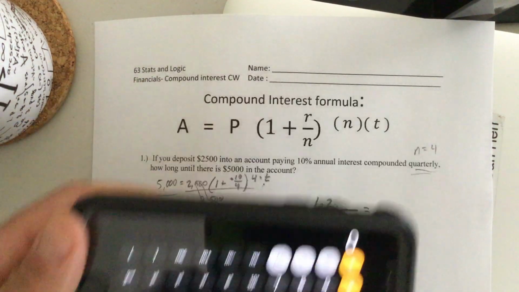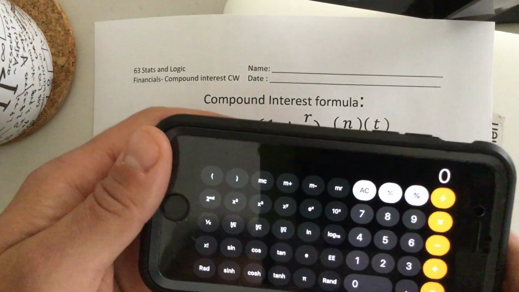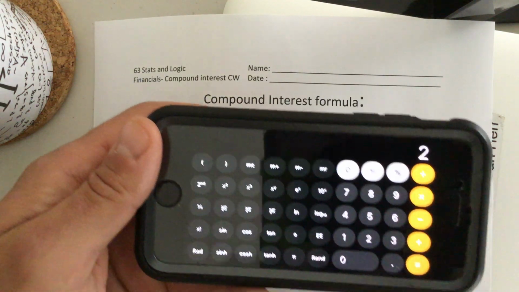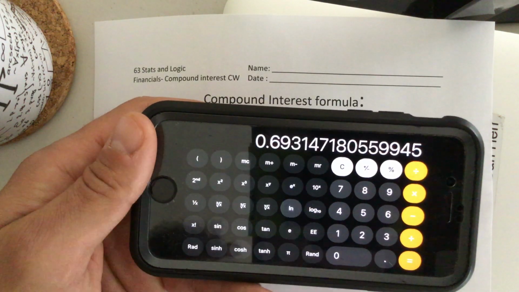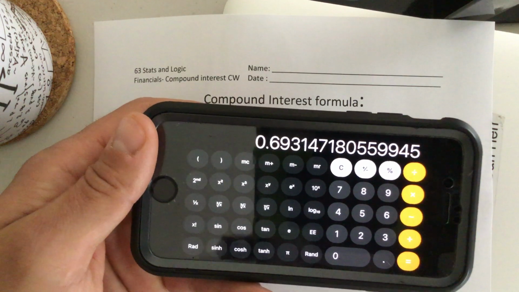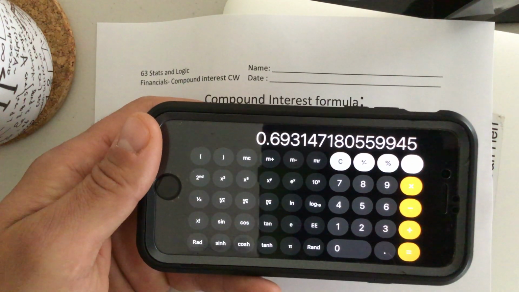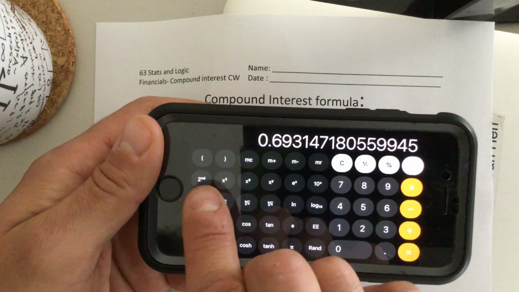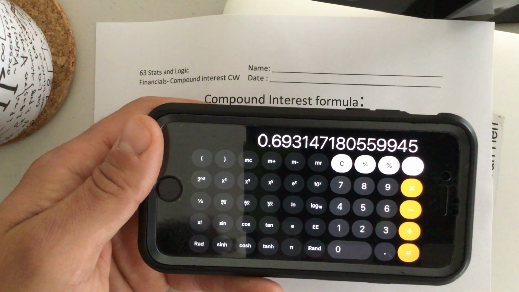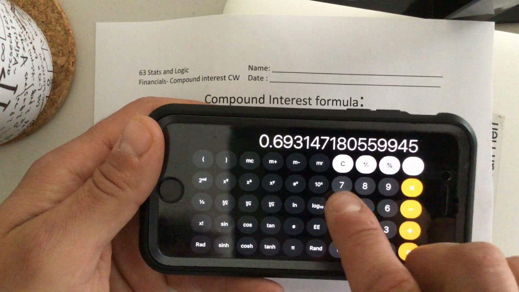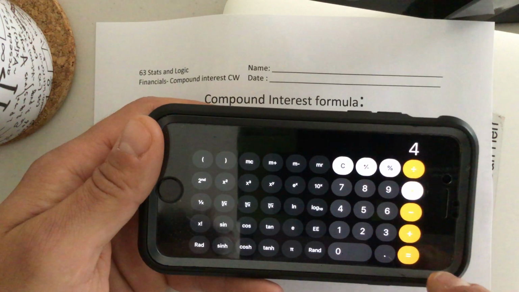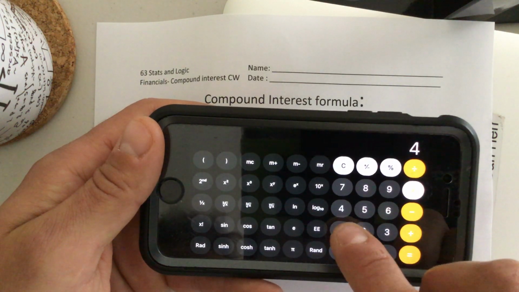We have to type in the numerator first. So the natural log of 2, and then the natural log. Boom. Then we're going to divide, but we have to put things in parentheses. So I'm going to hit the left parenthesis button. It was 4 times, then we had the natural log of 1.025.